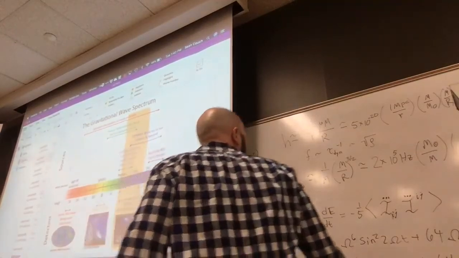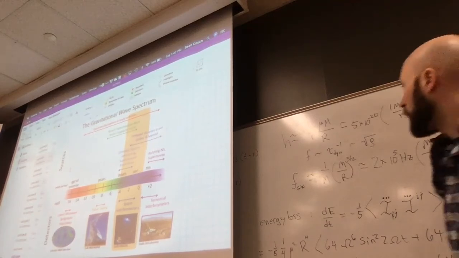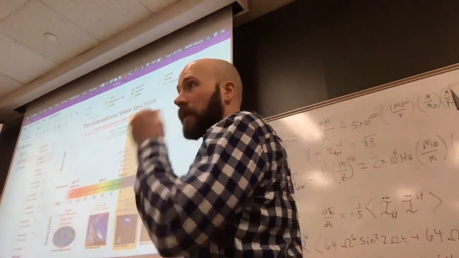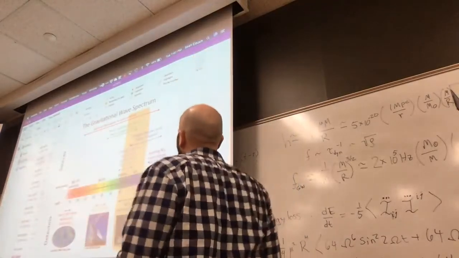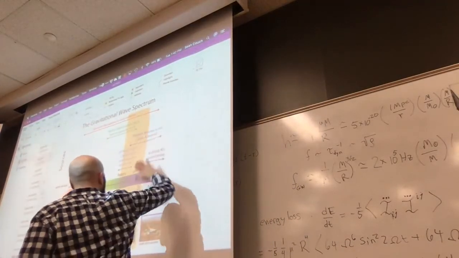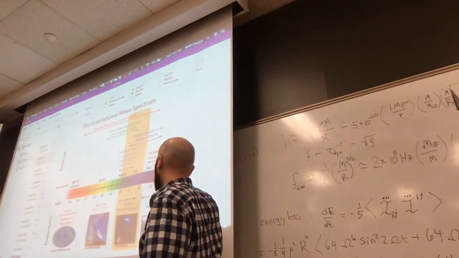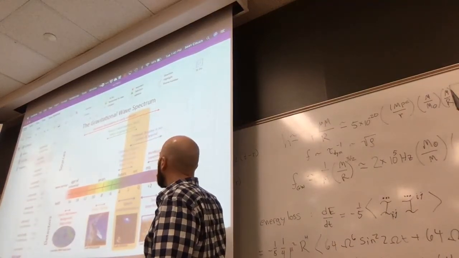And you can see where that comes from because these systems harden, right? As the radius goes down, their mass doesn't change, but the frequency shifts to higher and higher frequency, 2 times the orbital period. Down it goes. So this is the high frequency end, and this is where terrestrial interferometers like LIGO work best.